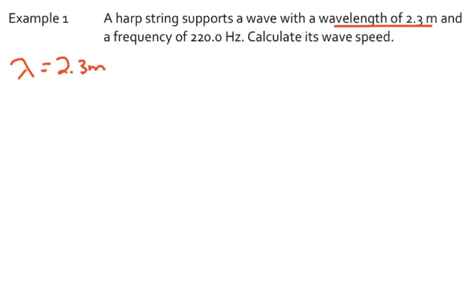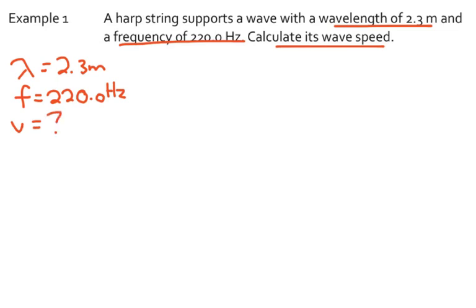We've also been told that the frequency is 220.0 hertz. Frequency is F. And we need to calculate the speed, and speed is V. Since we don't know speed, we give it a question mark.